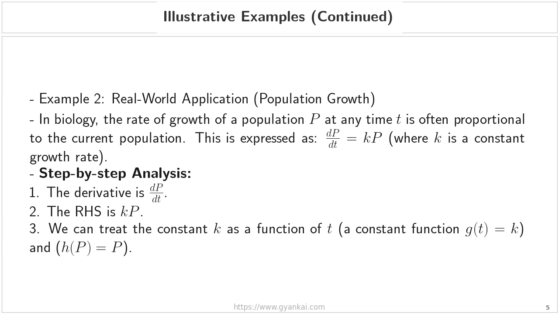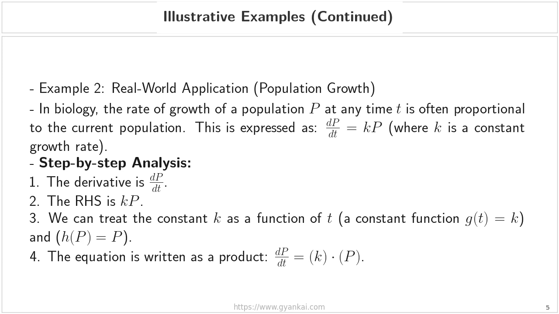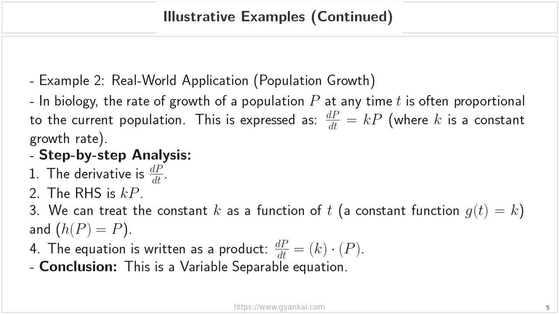Then, we have our second part, which is h of p, simply equal to p. Fourth, notice that the equation is already written as a product. The derivative of p with respect to t equals the quantity k, multiplied by the quantity p. Therefore, our conclusion is that this is indeed a variable separable equation. As we will see in the next slide, being able to recognize this structure is crucial, because it allows us to avoid common pitfalls when dealing with more complex expressions.